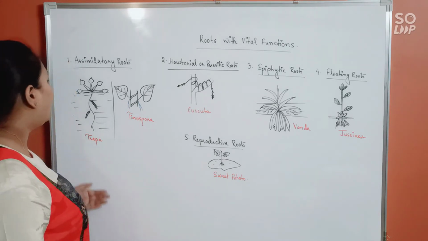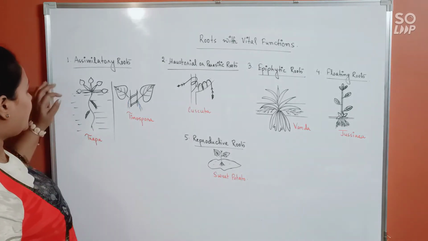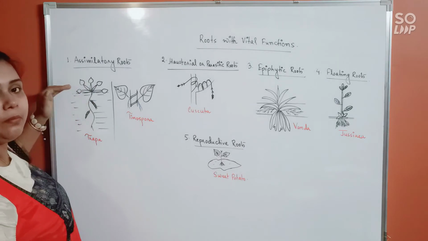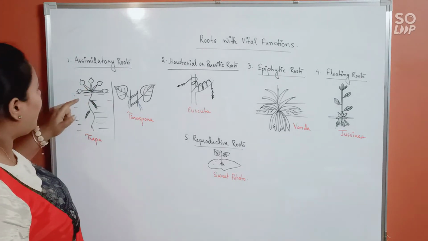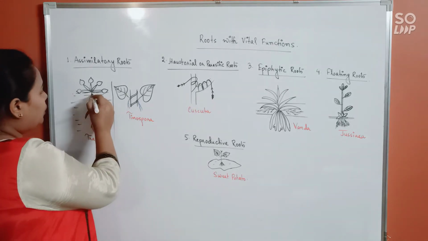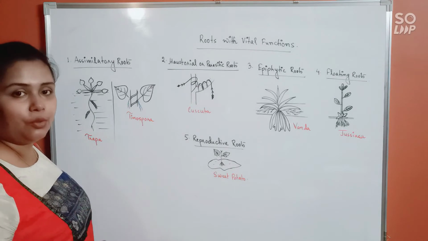Now for the trapa or water chestnut, see, these are the inflated leaves that are helping the plant to remain afloat, and this is the stem. This long portion is the stem which consists of nodes and internodes.